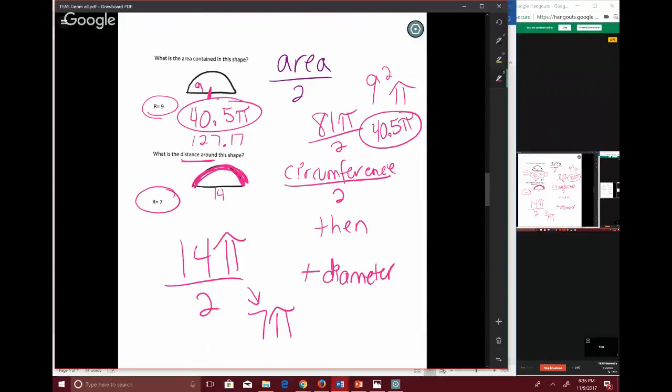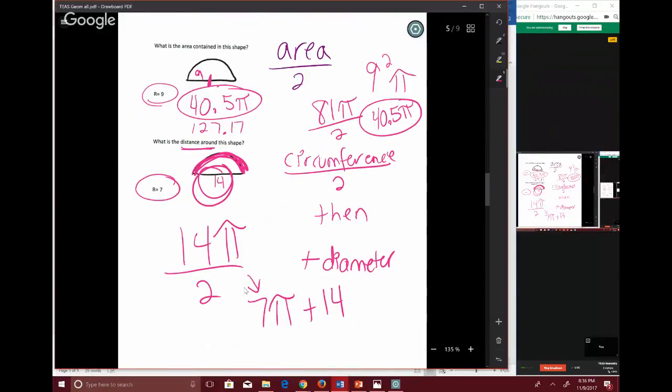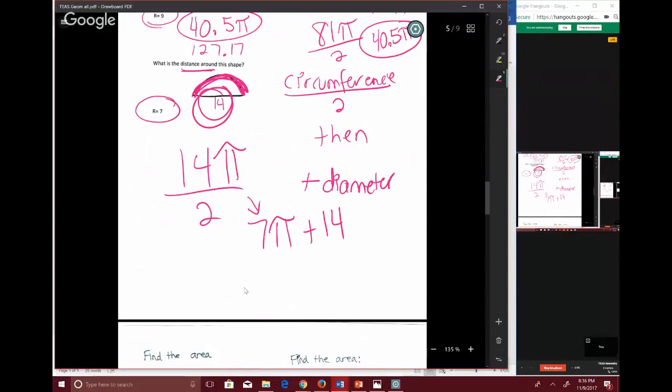Then I need to add the diameter. And we know what the diameter is because we've used it. It's 14. You cannot add 14 to 7 pi. They're not in the same format. Pi represents a multiplication. If you added the 14 and you just said 7 plus 14 and then the pi sign, you'd be multiplying the 14 by pi as well, and you don't want to do that.